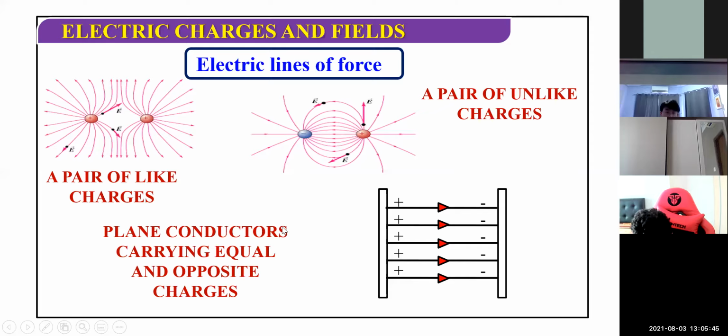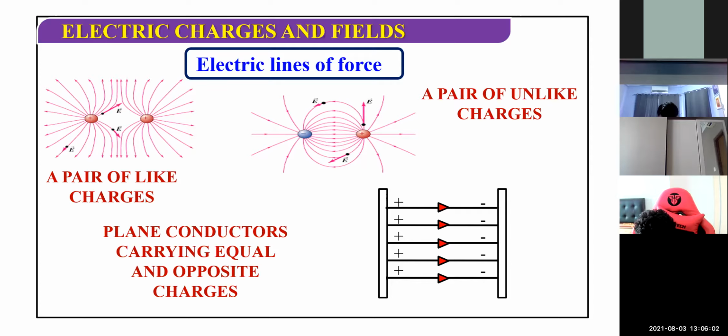Remember that in your textbook, we have only the diagram when one is a positive charge and the other is a negative charge. But by chance, if you have to draw the diagram when both are positive, then you can see it in this diagram.